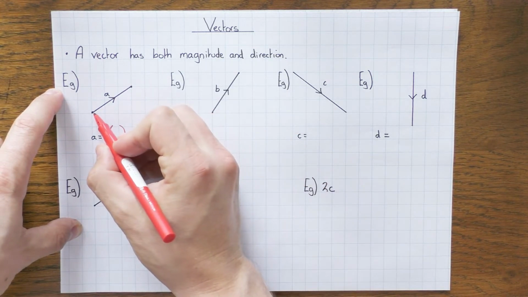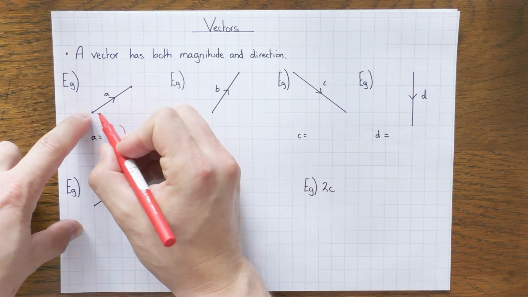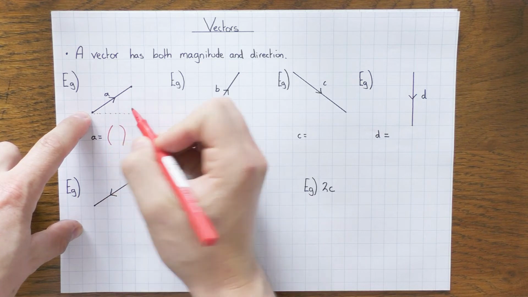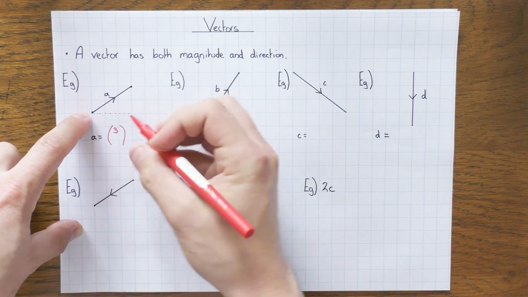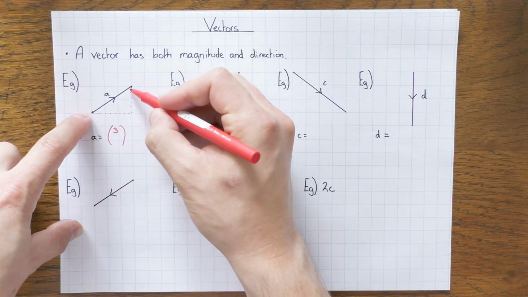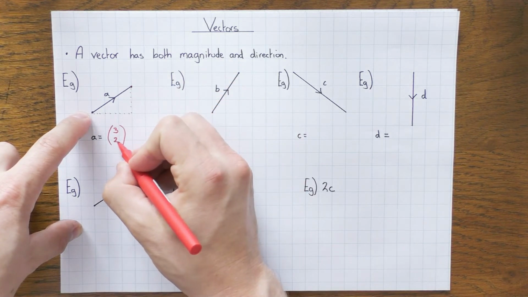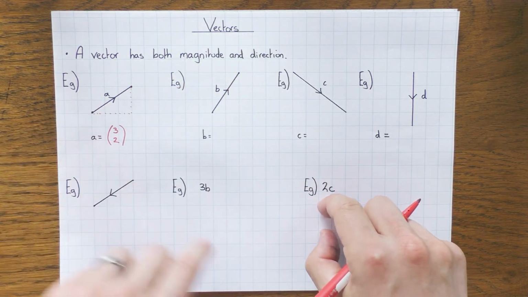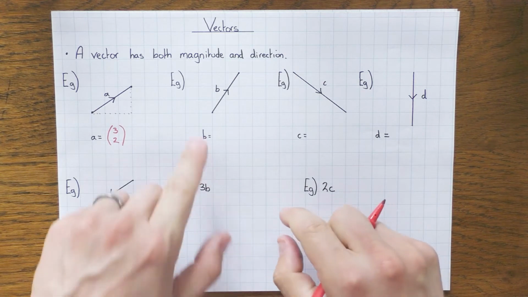Starting from here going to here, I go 3 to the right, so 3 goes on top, and then I go 2 up. So we say the vector A is (3, 2).